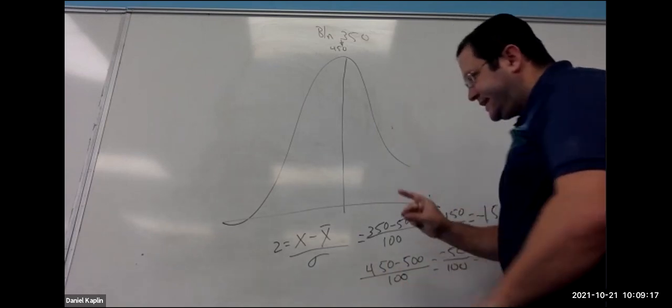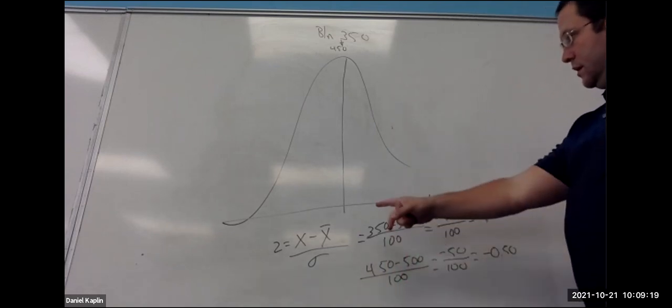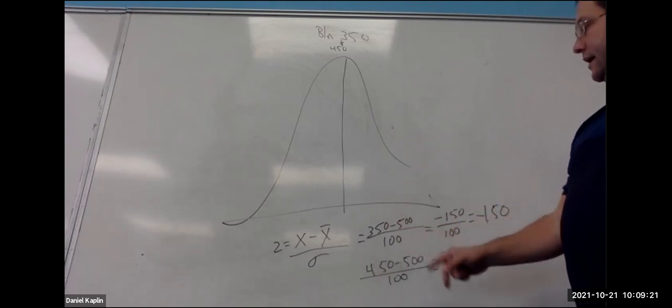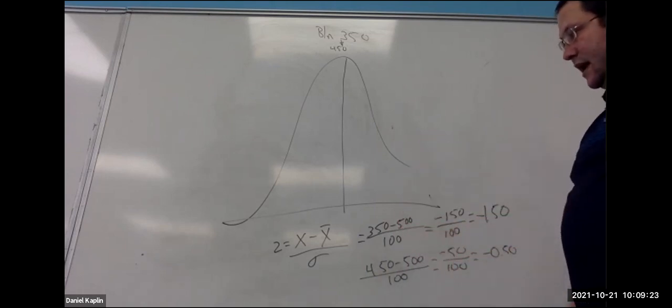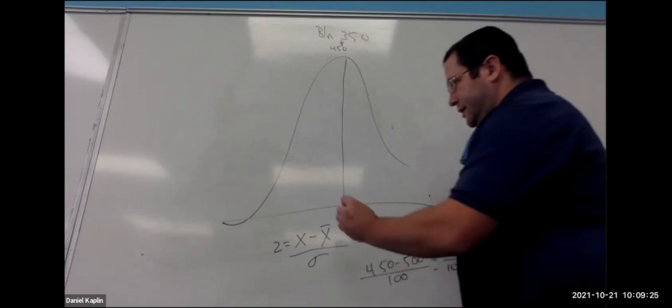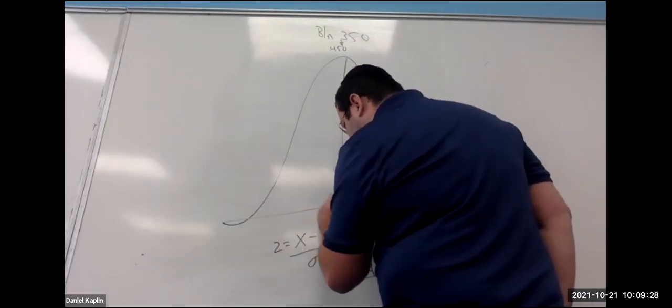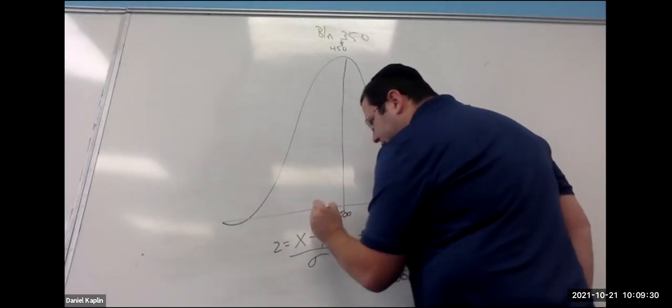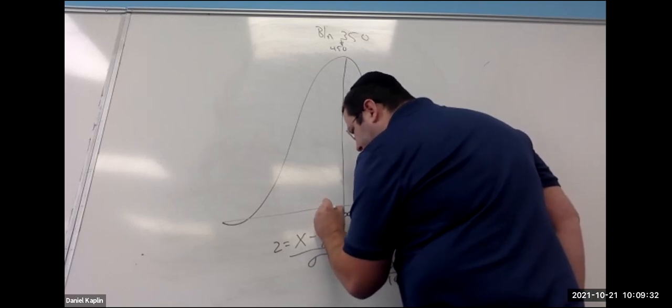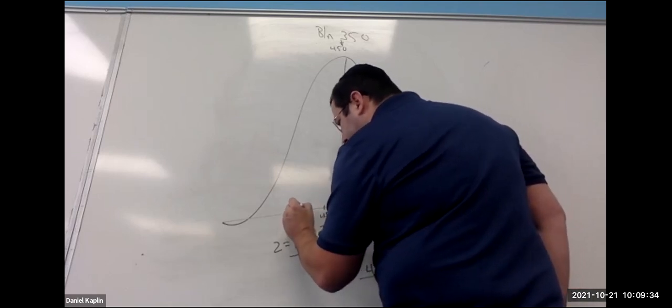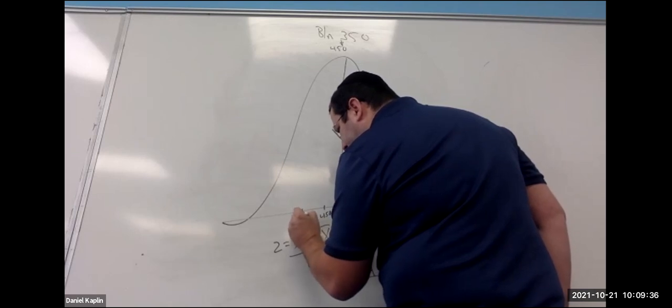Okay, so step three, I calculated my z-scores. Now I'm going to plot it, right? So we have a score, the mean is 500. So I'm going to plot 450 here, and I'm going to plot 350 here.